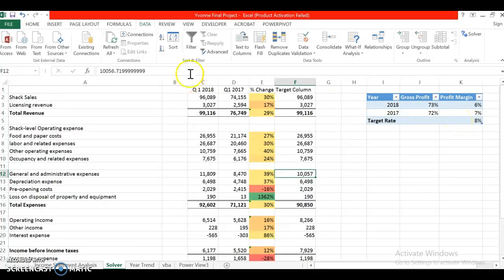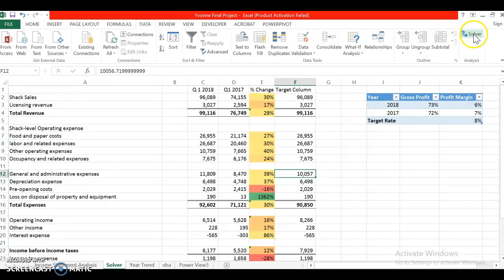In our solver analysis, we want to know, in order to achieve a profit margin of 8%, how much we should reduce our general and administrative expenses, because that's the expense that's easier to manage other than the variable costs.